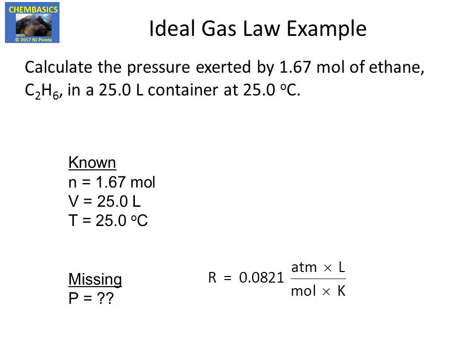Here's another problem that's fairly similar. Calculate the pressure exerted by 1.67 moles of ethane, formula given, in 25 liters at 25 degrees C. What's known is that we have the number of moles, 1.67, the volume is 25 liters, and the temperature is given in degrees centigrade.